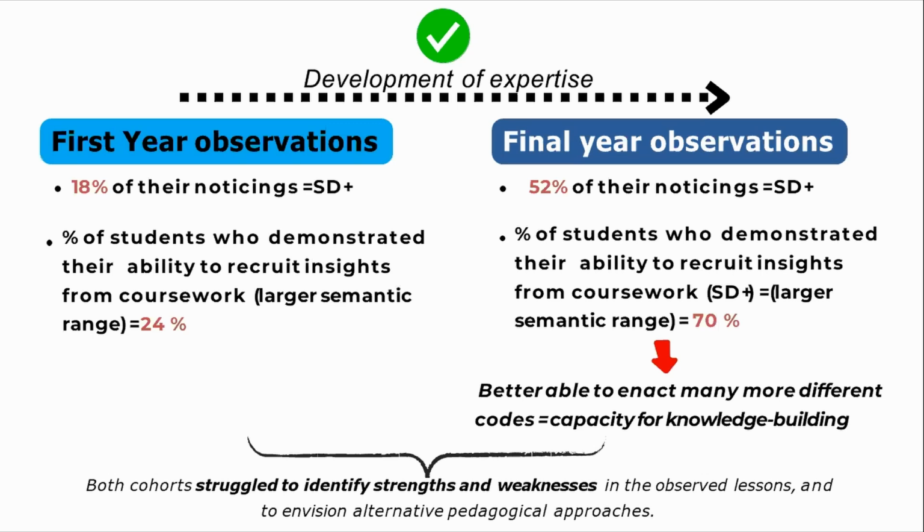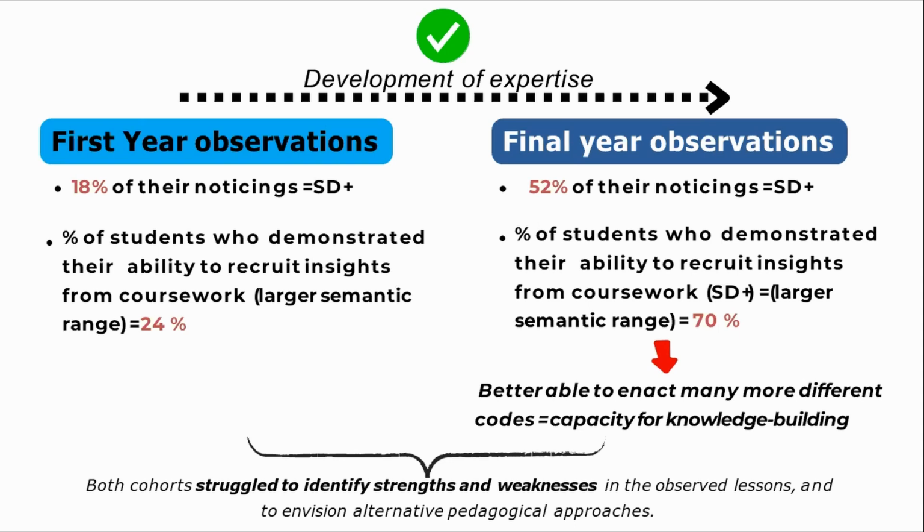So really, as Carl says, there's this trend towards a more complex way of seeing and understanding teaching, and 70% of my participants were able to recruit insights from coursework, working within SD plus, a larger semantic range, and therefore they had better capacity for knowledge building.